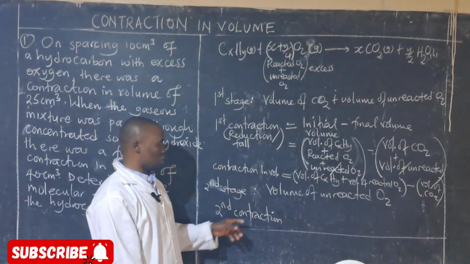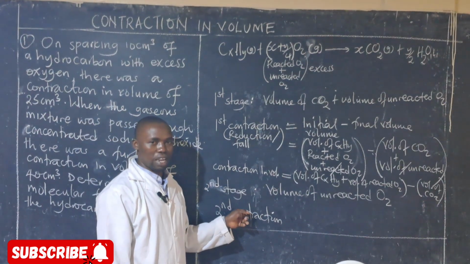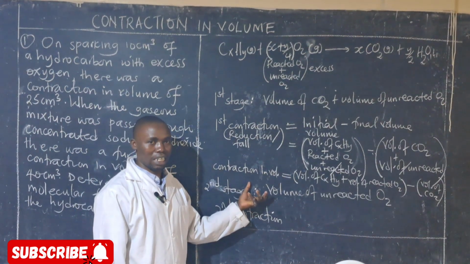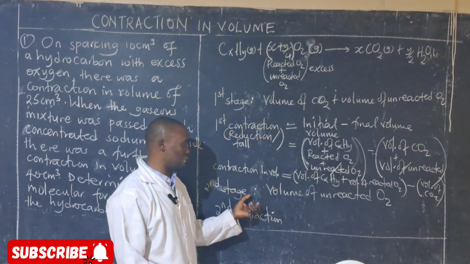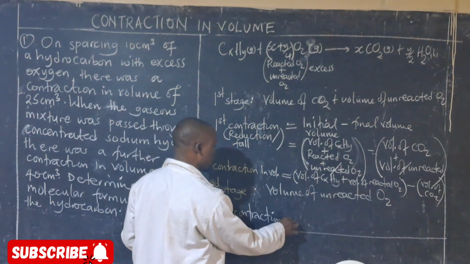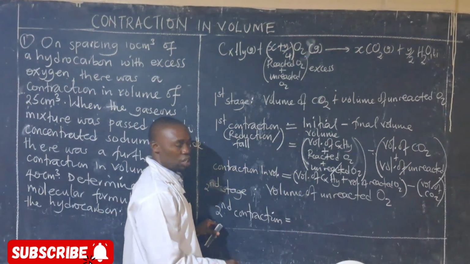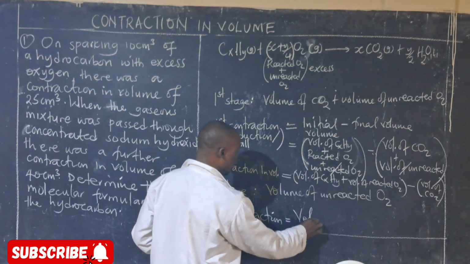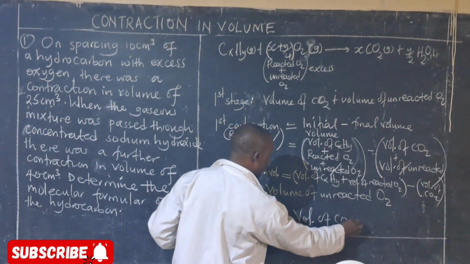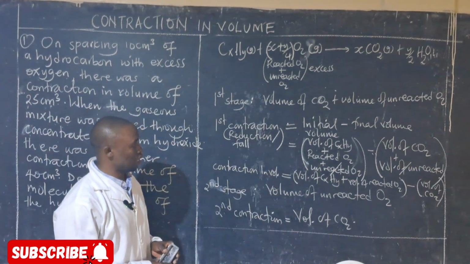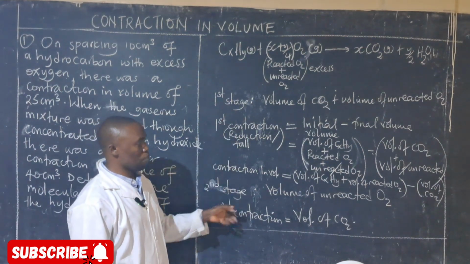Since the second contraction occurs after passing the gaseous mixture through potassium hydroxide, that means the reduction is because of absorption of carbon dioxide. That means this would be exactly the volume of carbon dioxide. I think we notice that. So this is the simple theory.